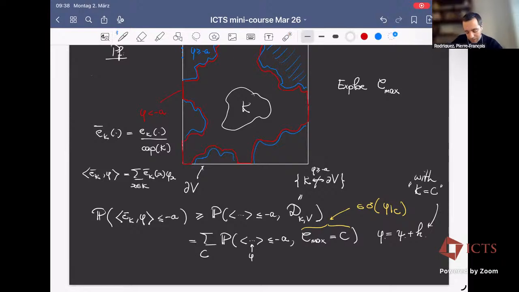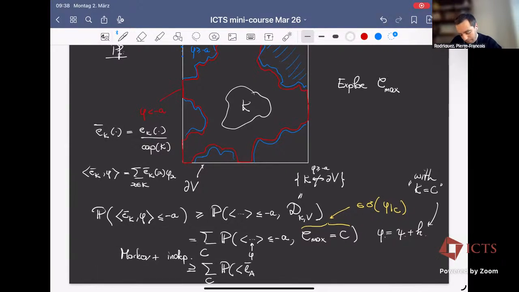So now, if I just use independence, so of course independence plus the Markov property for my field in the way I've explained it here, then I can get a lower bound by just saying, okay, if I want the average here to be at most A, I can write that the average with psi should be, say, less than 0. And I keep all the stuff that depends on phi restricted to C. So this is, of course, all dependent.